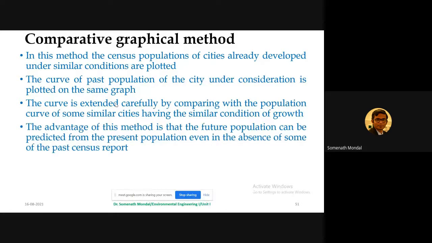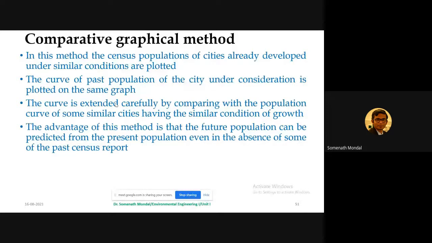However, in this case, even if we don't get that many census reports, the last decade census report would be sufficient for our purpose.